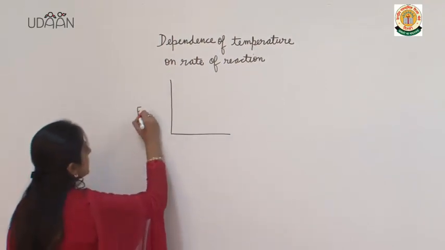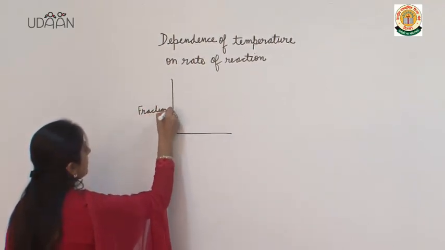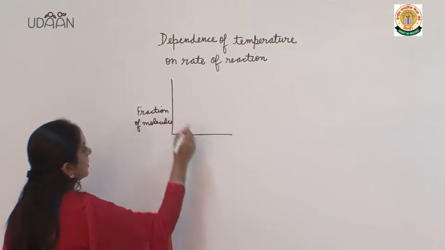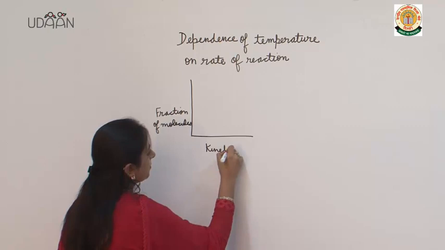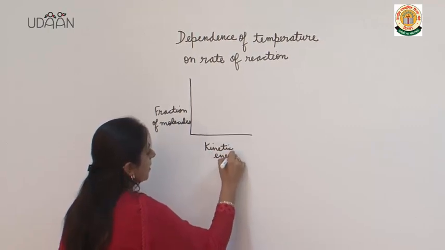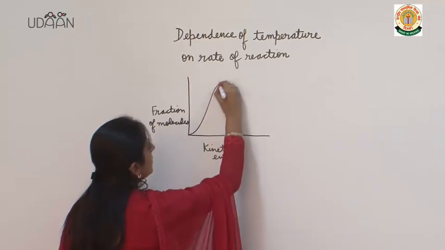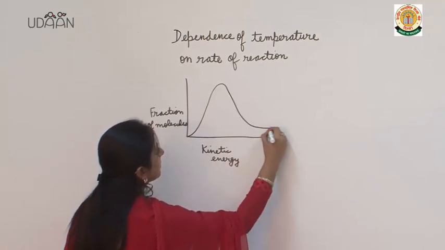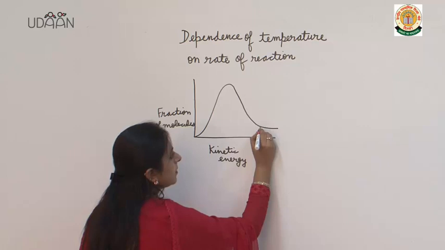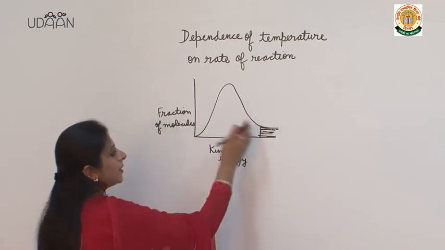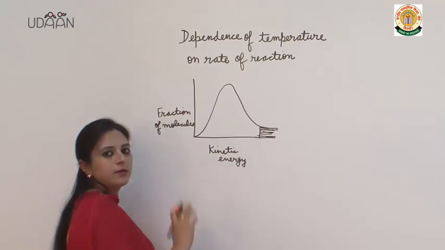Now here we plot the fraction of molecules, and here we plot the kinetic energy. Now what happens is that we get a curve like this. Now this is the threshold energy which is possessed by the molecules at a particular temperature.